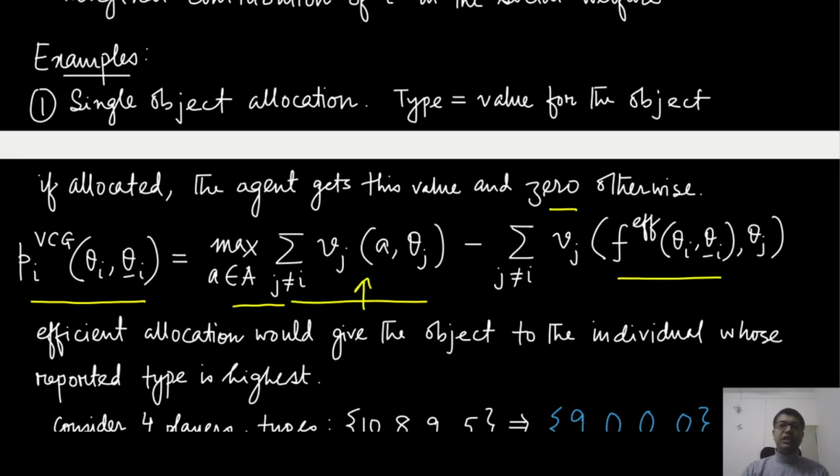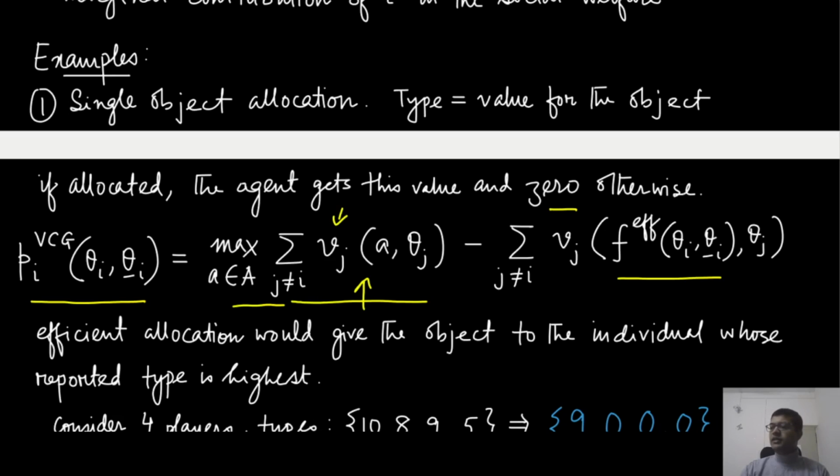The efficient allocation should give it to the most valuable buyer, the person who has the highest theta, the highest type for this object. But when he is not present, it should go to the individual who values it the next highest. So you can think that this is the second highest value.